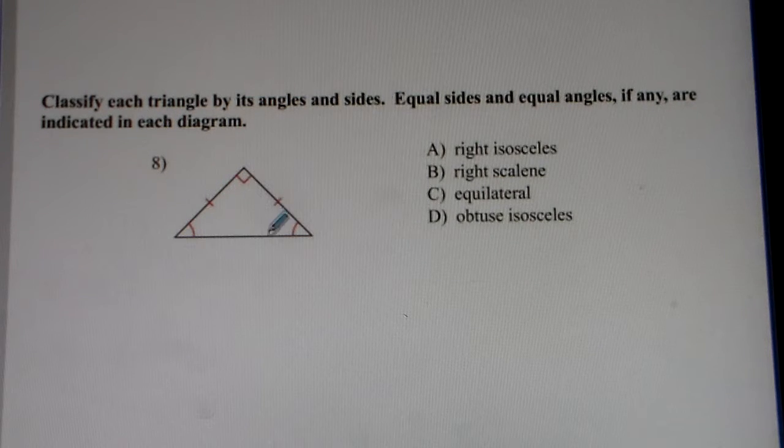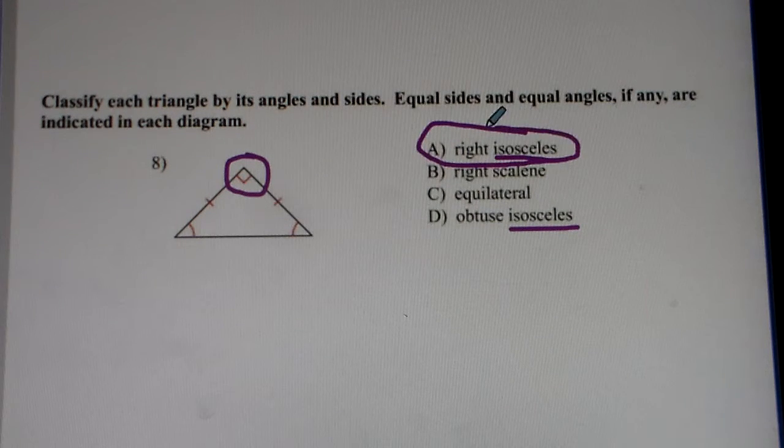If we have 2 sides out of 3 that are the same, we know it's an isosceles, so it can't be B, it can't be C. And 2 angles are the same, that's also isosceles. But we also have here a right angle. Because there's one right angle, it's a right isosceles triangle, as opposed to an obtuse. So that's the answer to number 8.